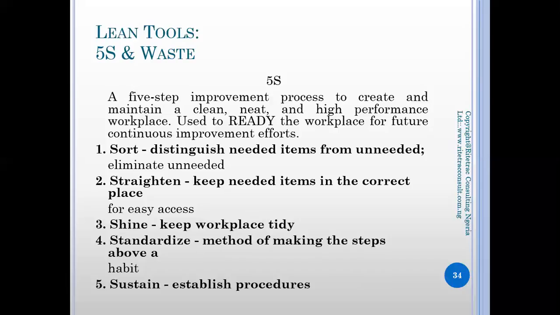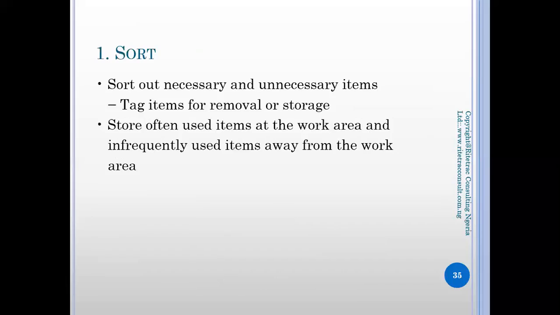Set in order: keep needed items in the correct place for easy access. Shine: keep the workplace tidy. Standardize: a standardized method of maintaining the steps above. This is an overview of what we are doing, so we'll get into details of all this in the subsequent training, which will be available when you sign up with our process improvement consultancy.